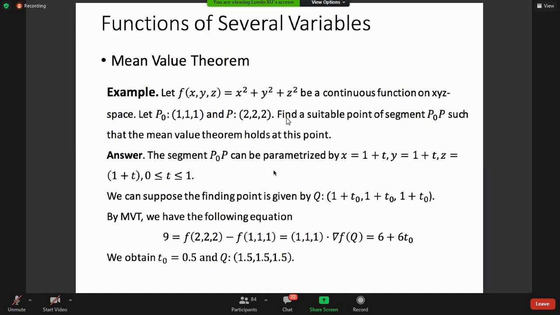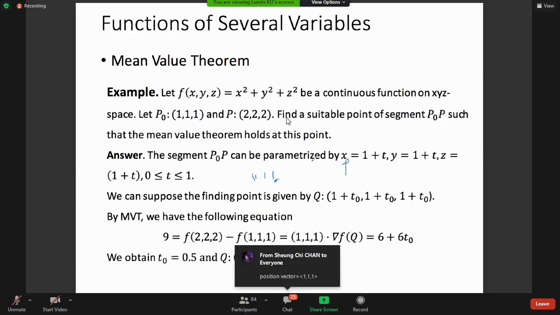Because P0 is (1,1,1) and P is (2,2,2), maybe this point, and the segment is from P0 to P, right?